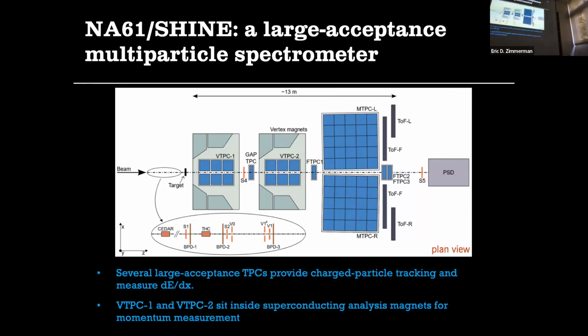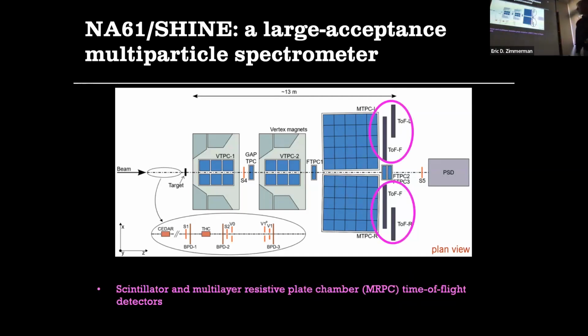And then we have, in these blue boxes here, large acceptance TPCs that provide charged particle tracking and measure dE/dx. These first two, Vertex TPC 1 and 2, sit inside superconducting analysis dipoles. Then downstream of the main TPCs, we have time of flight detectors.